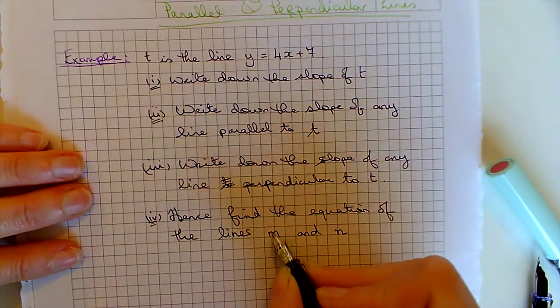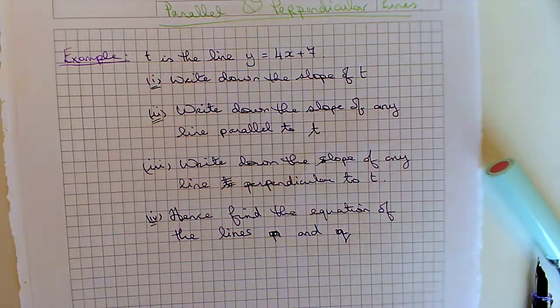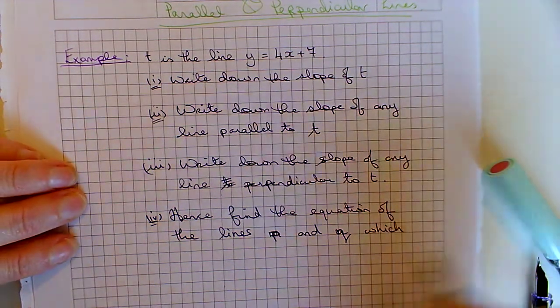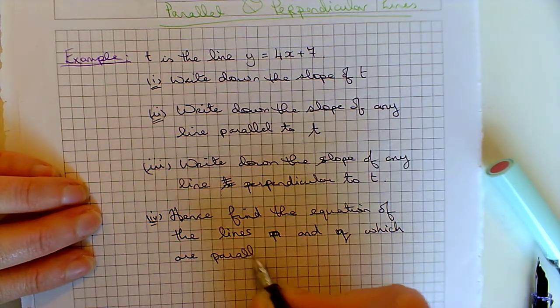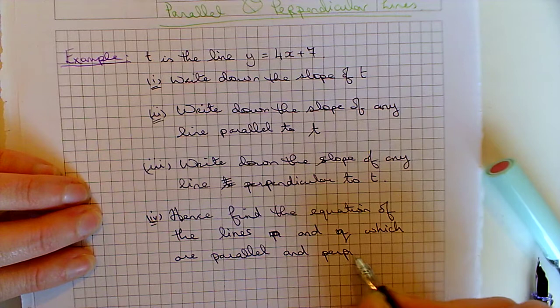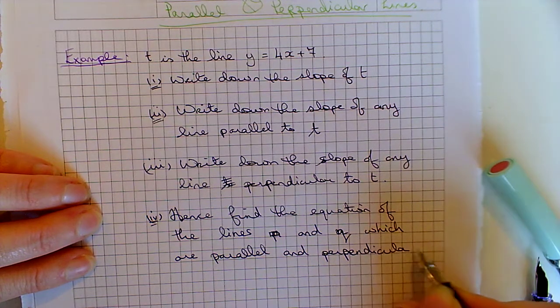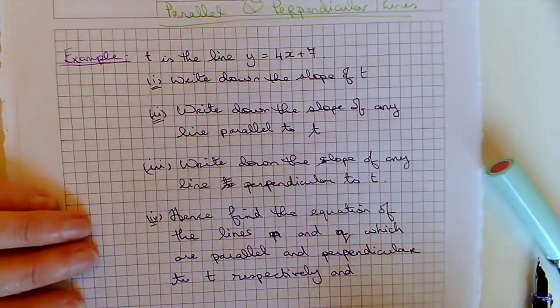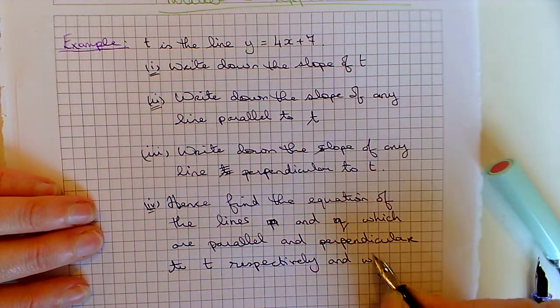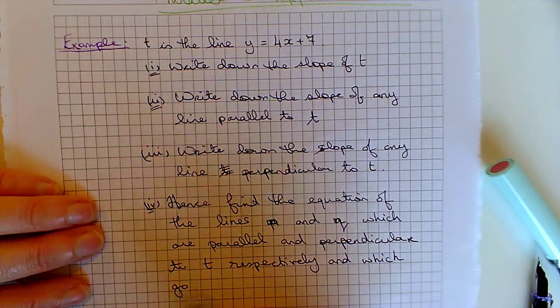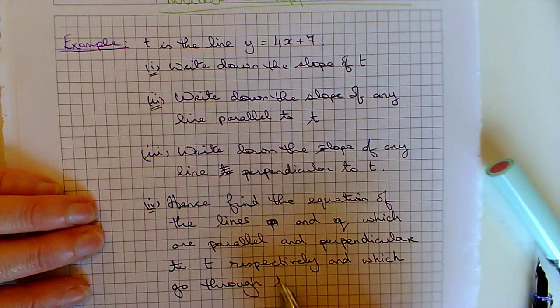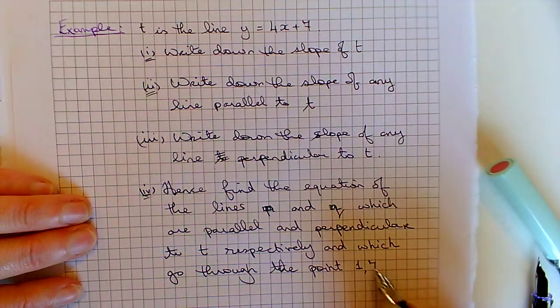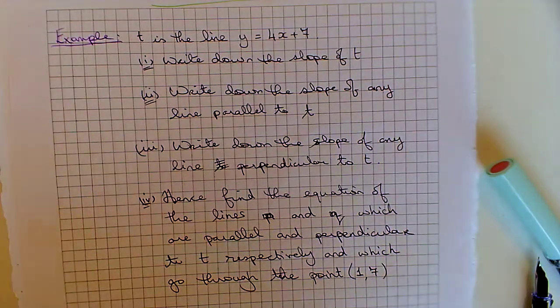So let's call them P and Q. The lines P and Q, which are parallel and perpendicular to T respectively, and which go through the point 1, 7. Okay, so a bit of a long question.